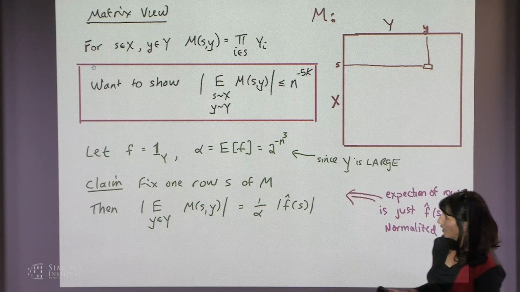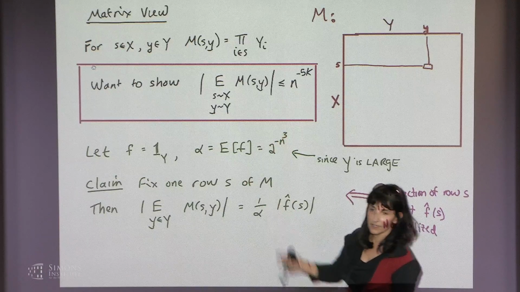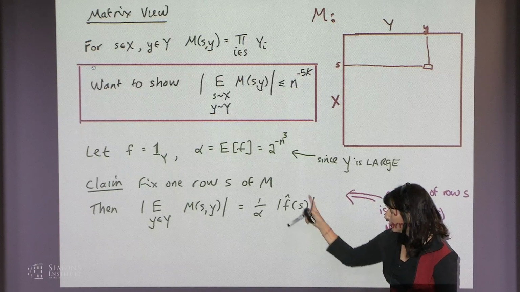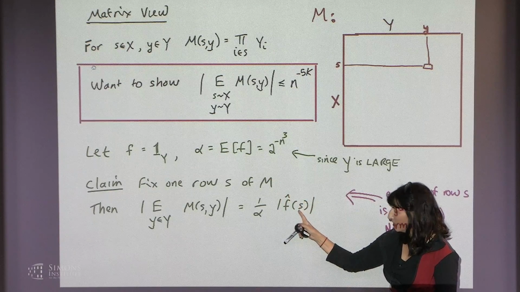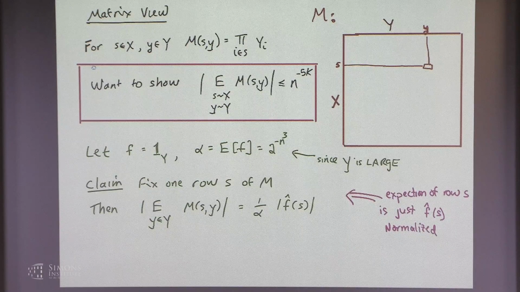Since y is large, the expected alpha is that. And a row of this matrix is more or less going to correspond to the weighted Fourier coefficient of that function with the character s. Remember, s is a collection of I pointers, so I can view that as a subset of mn of size n.